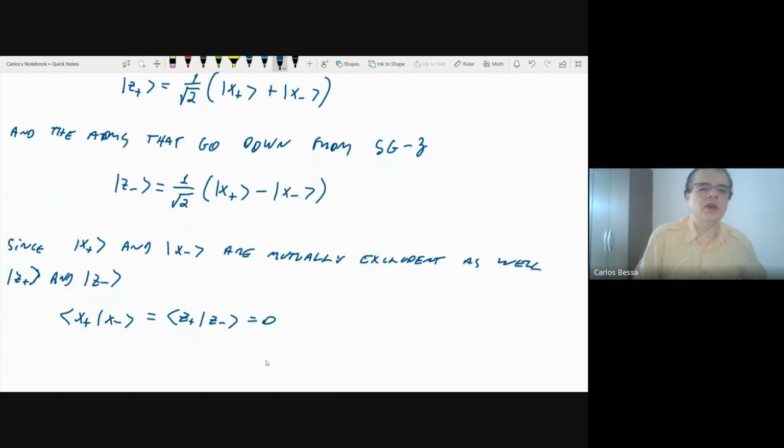Okay, and we can check with this definition. One can check here z plus with z minus. If you use this, that's why it needs to change the sign.